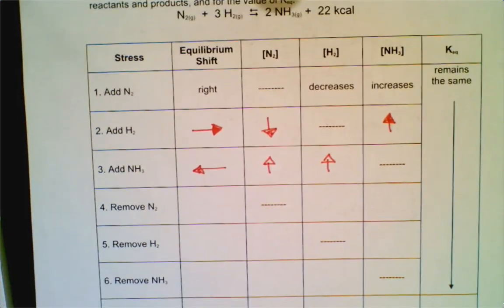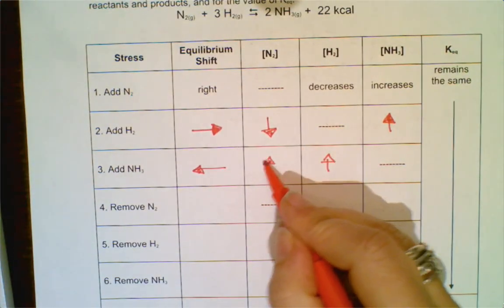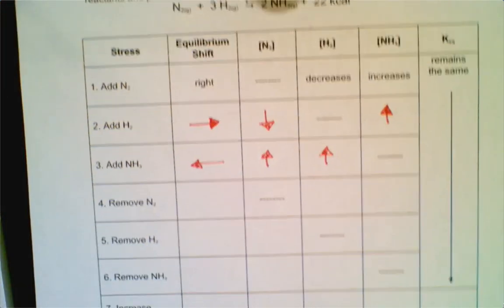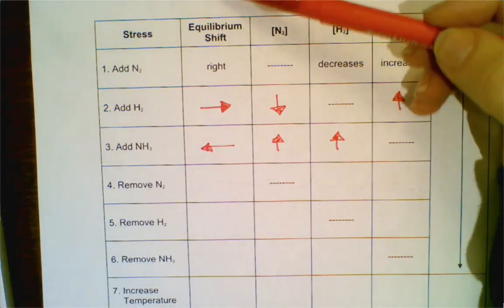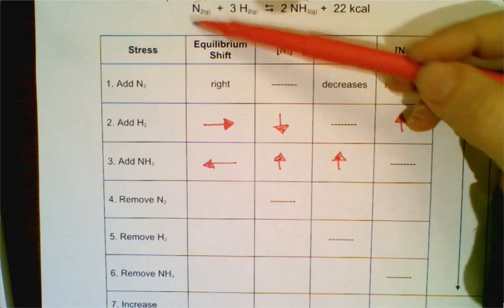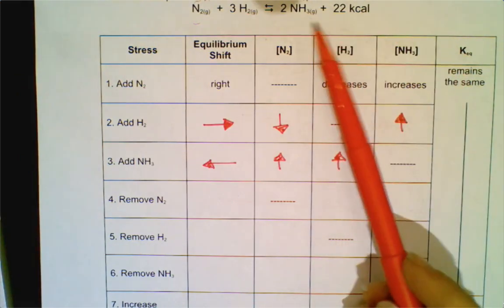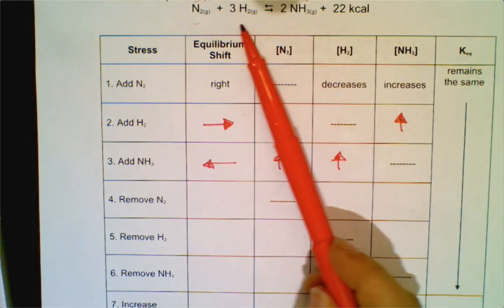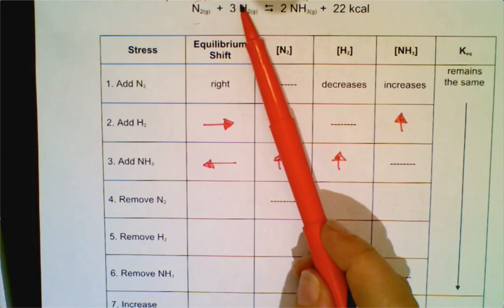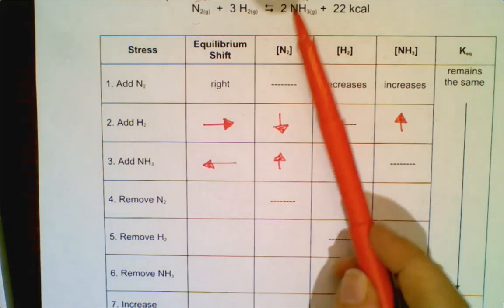Now, the same thing happens when you are removing. If we end up taking some of this N2 out of the system, then the system is like, oh no, we need to quickly make more. The only way that you can make more is by shifting the system towards the left, where we make more of this and we use this up.